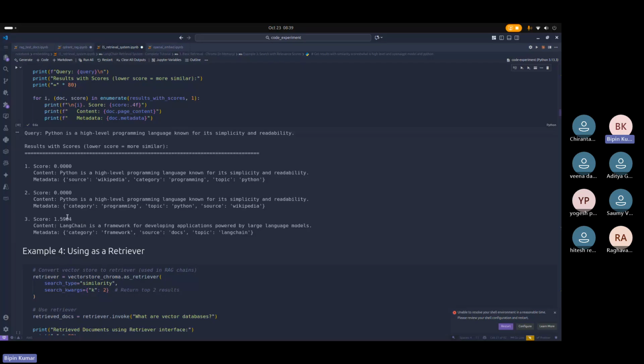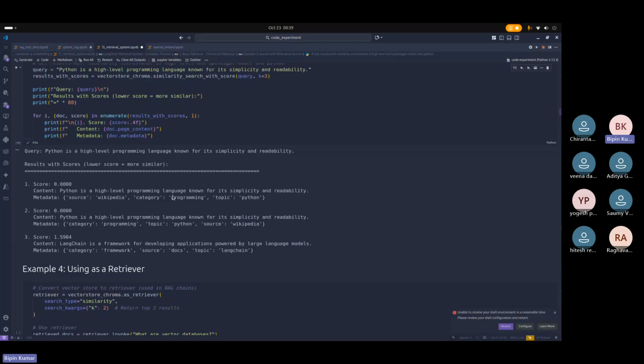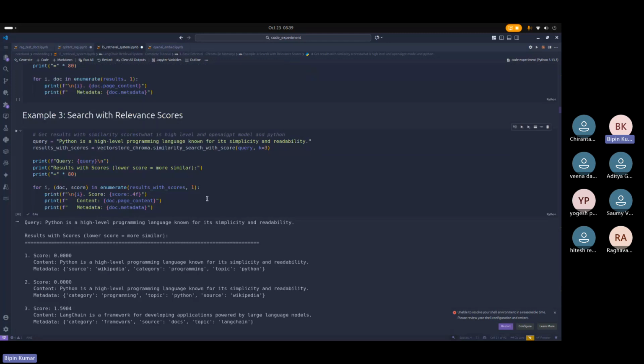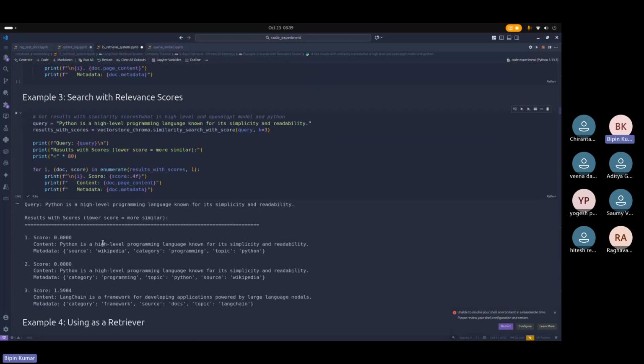So do not worry about that. The main intuition that you should know is that the lesser the value, the more similar it is. Since here we are using ChromaDB, ChromaDB is using cosine distance. In cosine distance, lower score, more similar.